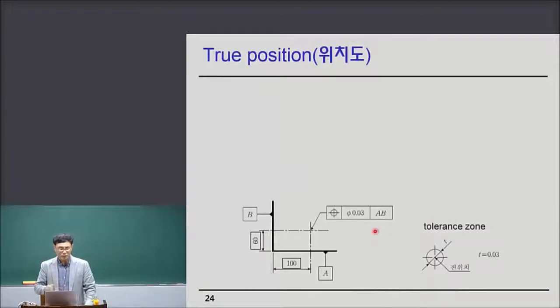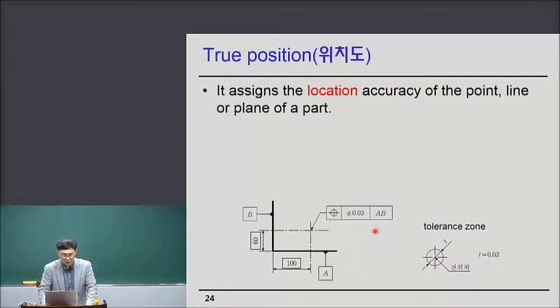Now this is the final geometric tolerance, which is true position. So true position assigns the location accuracy of the point or line or plane of a part. Usually, it is related to the location accuracy of the point.